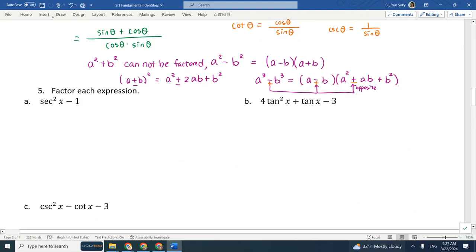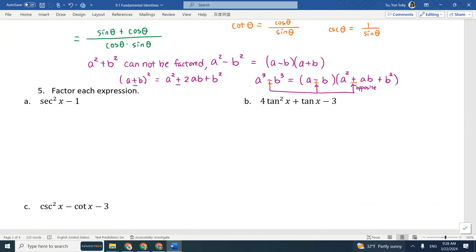Now we continue to solve the examples. Secant squared minus 1. How can you factor? So something squared minus something squared. This one, right, everybody? We have a squared minus b squared.